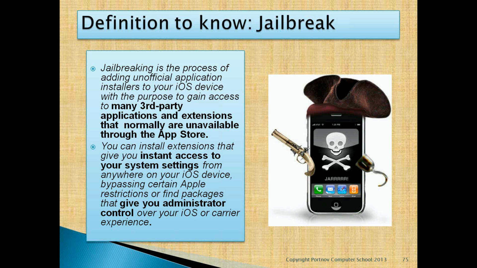You can install special extensions that give you instant access to your system settings. It's not that if you jailbreak your phone you immediately gain administrator privileges. You can find special extensions that bypass certain application restrictions.